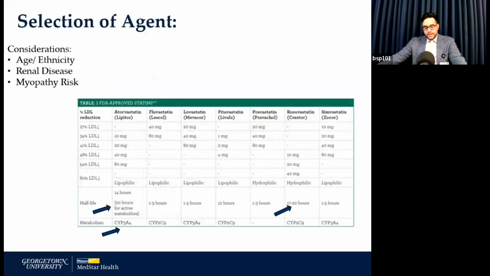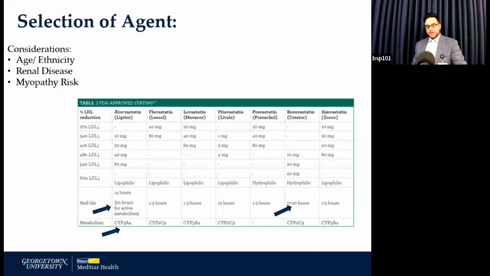For rosuvastatin and atorvastatin, the half-life is 17 to 20 hours. These are long-acting agents. Older agents like simvastatin, pitavastatin, lovastatin were very short-acting agents that were given at night, usually because nighttime is when cholesterol synthesis takes place. That's why there's that nomenclature of giving a statin QHS. With atorvastatin or rosuvastatin, that really doesn't matter.